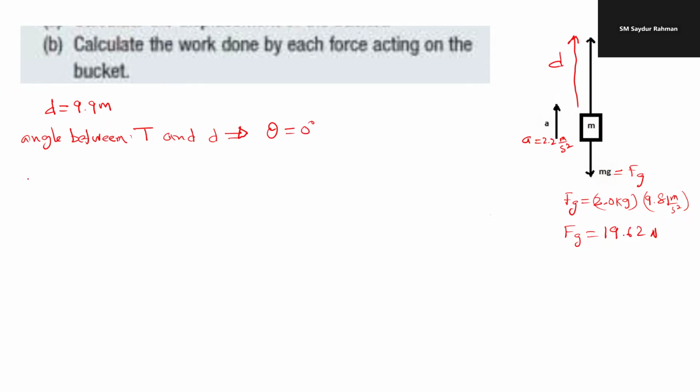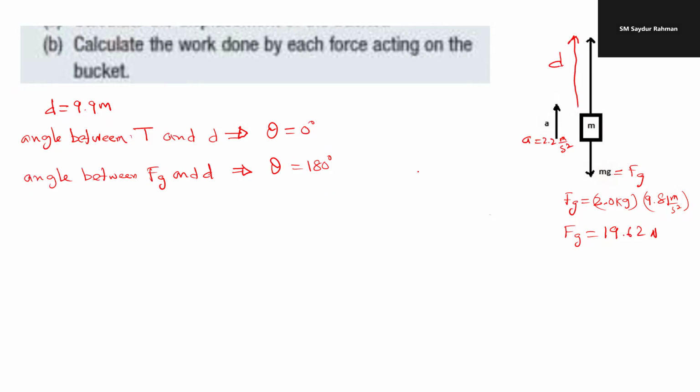And the angle between Fg and d is exactly opposite. d is upward and Fg is downward. So theta should be equal to 180 degree.